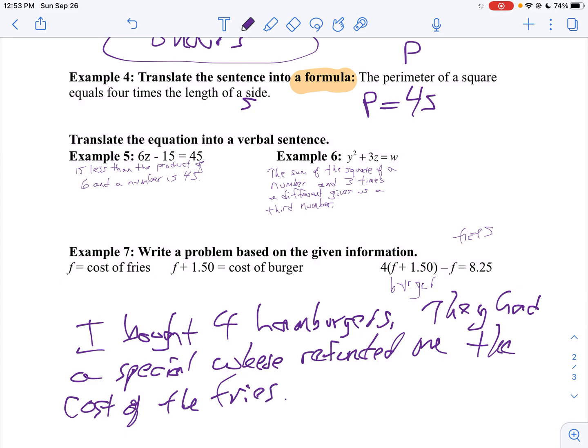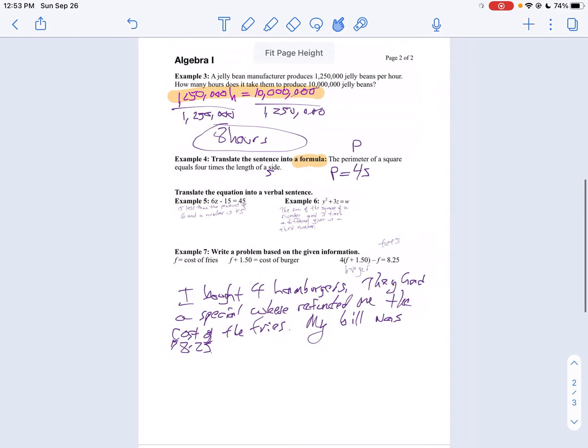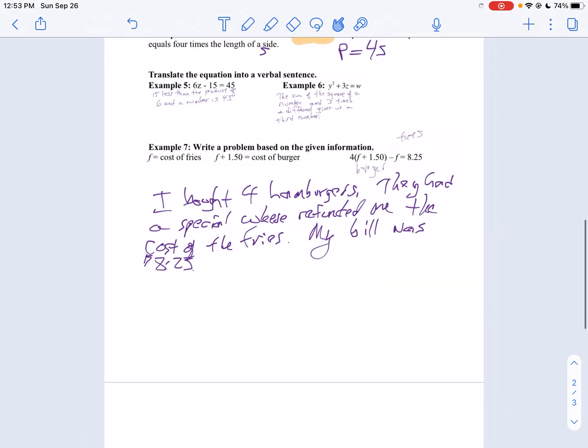My bill was $8.25. That's what you would say. So you make up a problem. Now, there's more than one way to do this. That's one way to do it. So this is not all inclusive.